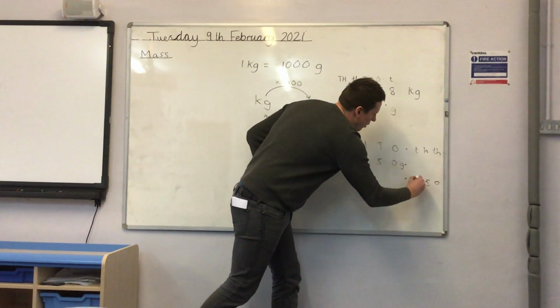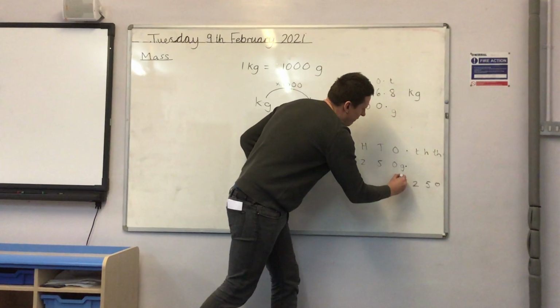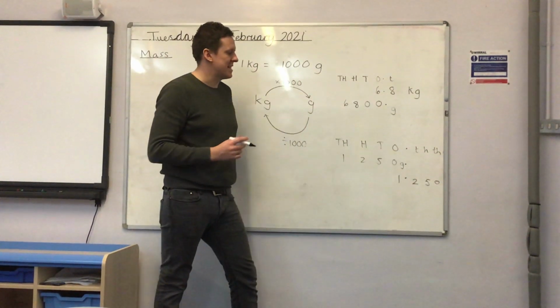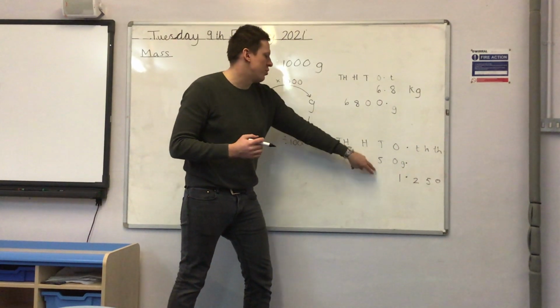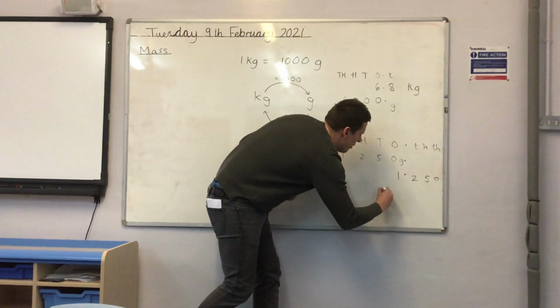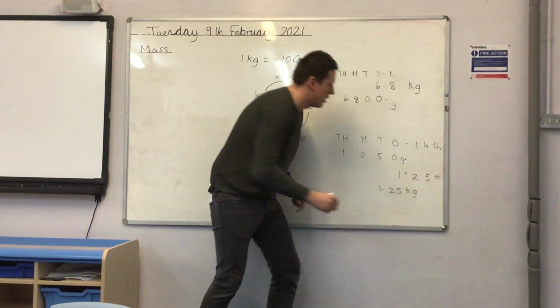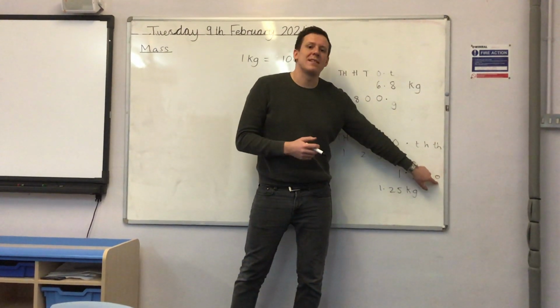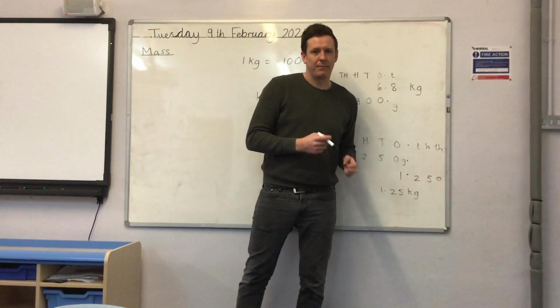My 2 will end up in my tenths, and my 1 from my thousands will jump 3 places into my 1s. So the answer, 1,250 grams, is 1.25 kilograms. Remember, we don't need to include this last 0, Year 5. These zeros could go on forever.